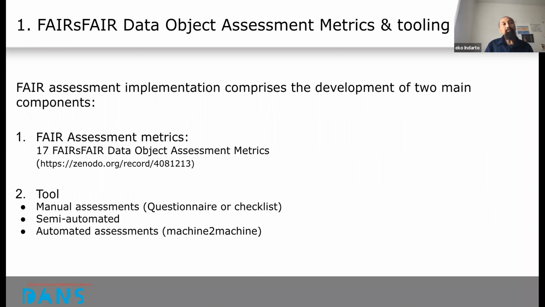To be able to perform automatic FAIR assessment, at least two components are needed. These are assessment matrix and tool. The assessment matrix have been derived from the RDA FAIR data maturity model indicators created by the RDA working group FAIR data maturity model, which was established in January 2019.